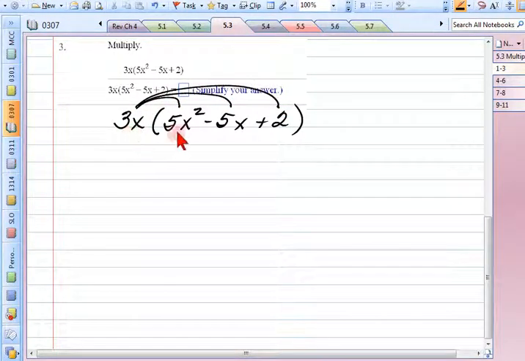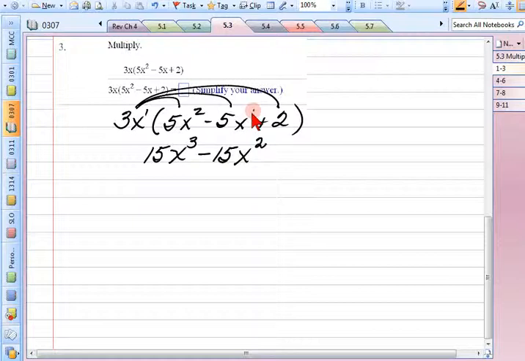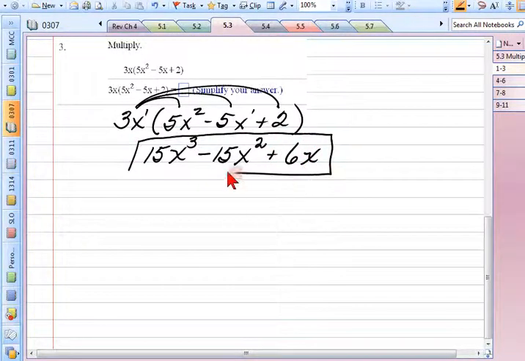What's 3x times 5x squared? 15x to the third, because I add the implied 1 to the 2. 3x times negative 5x is negative 15x squared, because I add the implied exponents of 1s. And then I multiply 3x times 2 for 6x. Is that okay? The product rule, I have to add exponents when I multiply.